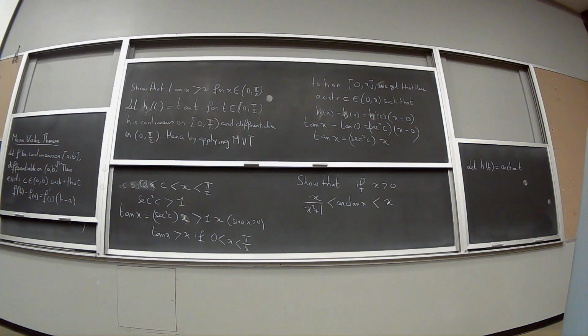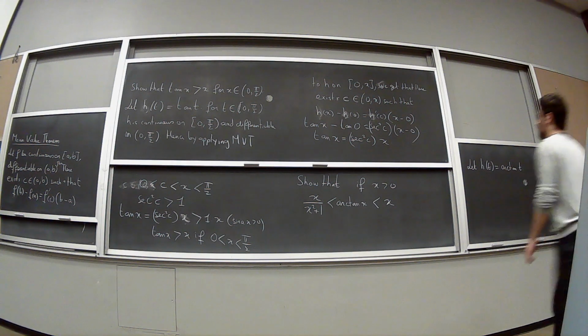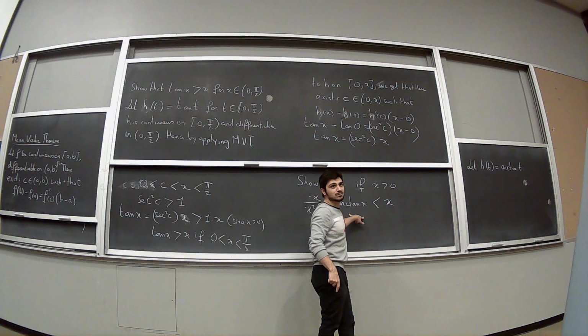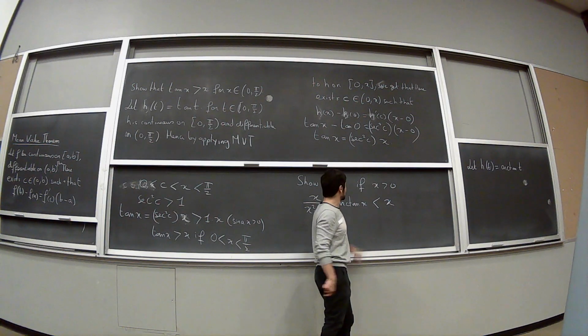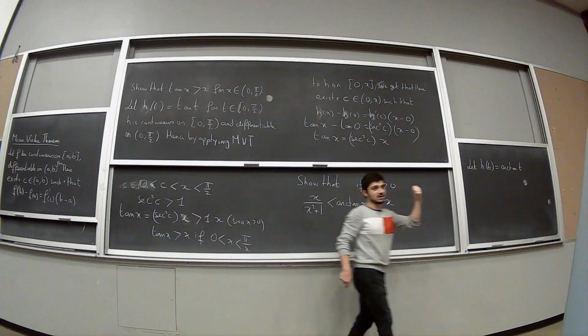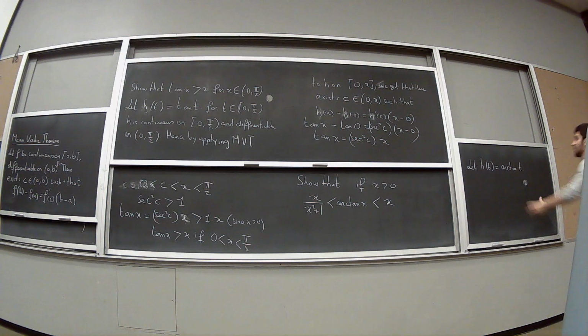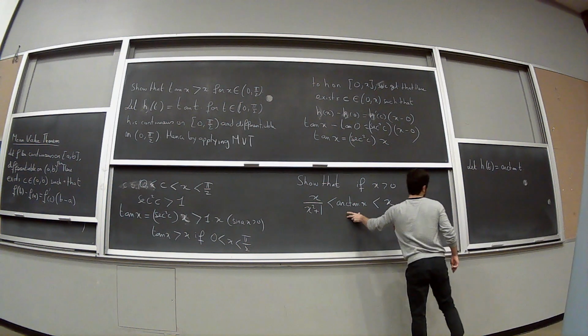So if h of t is equal to arctan t, what is h of x? Arctan x, right? What is h of 0? Arctan of 0, which is 0. So the middle part, arctan x, will be h of x minus h of 0.